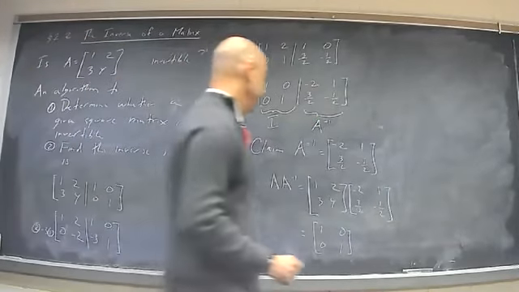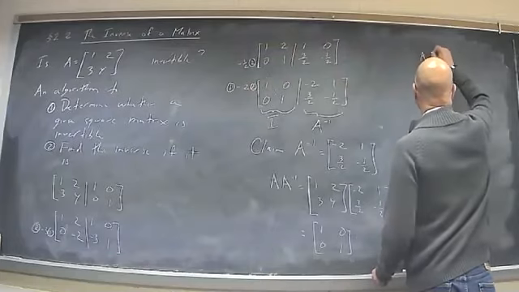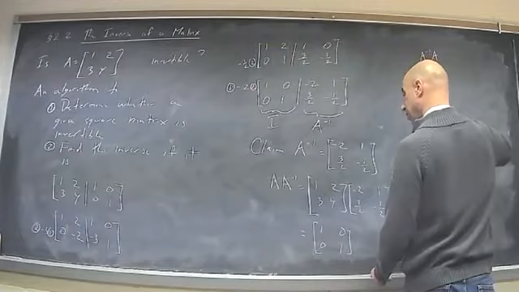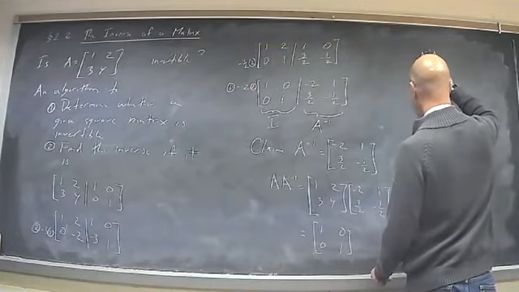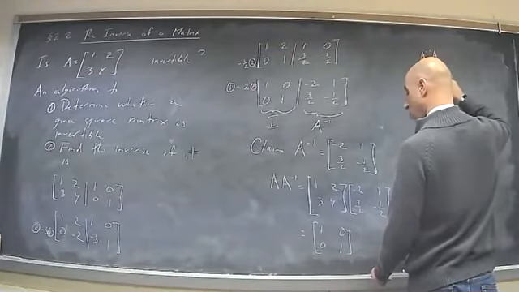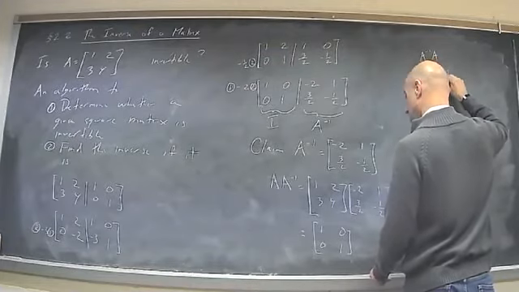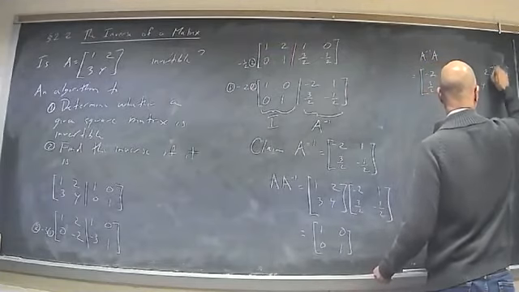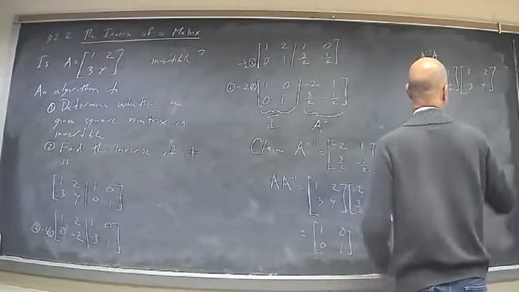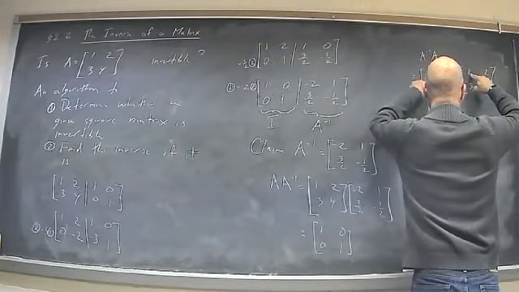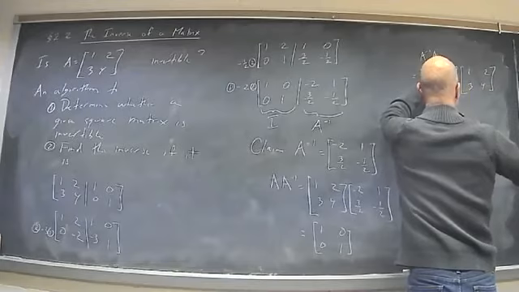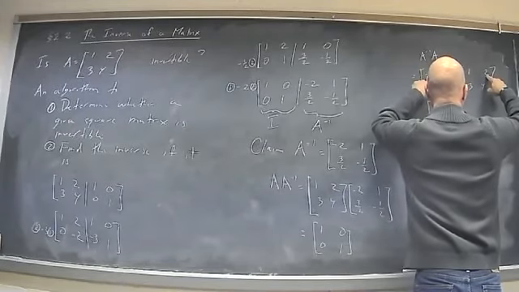Let's try it in the other order. A inverse times A. [-2, 1, 3/2, -1/2] times [1, 2, 3, 4]. -2 times 1 is -2. -2 plus 3 is 1. -2 times 2 is -4.